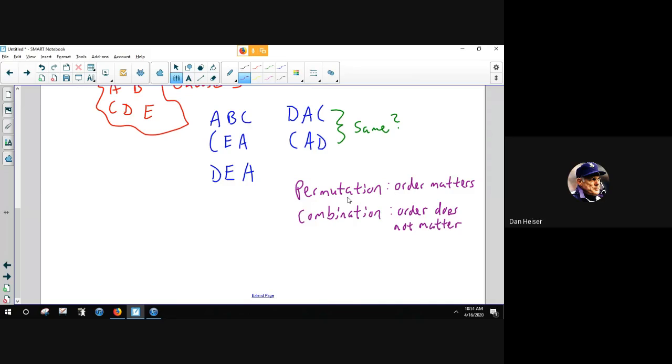A permutation would be the example 500,000, 50,000, candy bar. A combination, every position is treated equally. Changing the order does not change anything else. So under a combination, these two groups would only count one. Under a permutation, they each count separately.